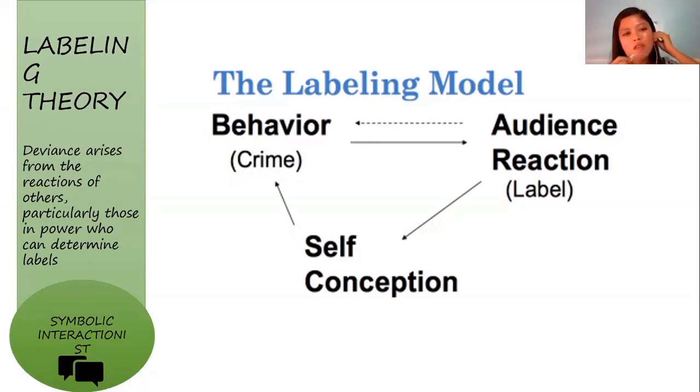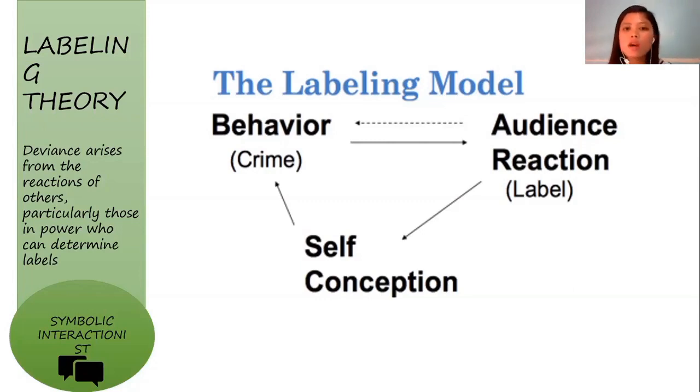So labeling theory of deviance states that deviance arises from the reactions of others, particularly those in power who can determine labels. In this theory, it focuses on the effects of labels given to people, especially deviant labels, wherein it affects one's self-conception.